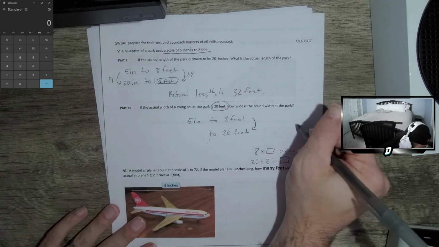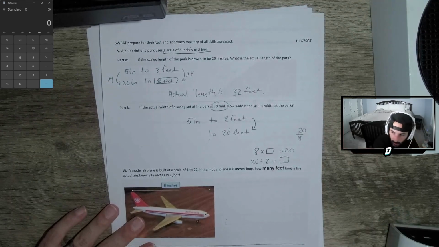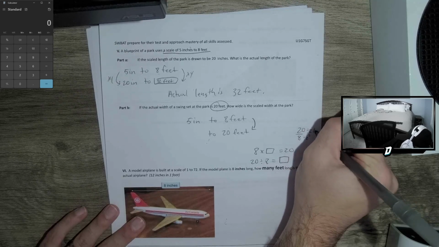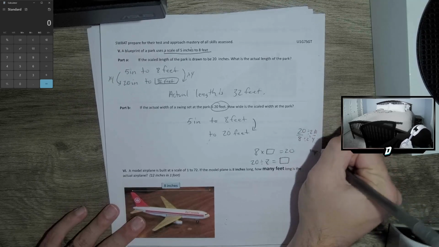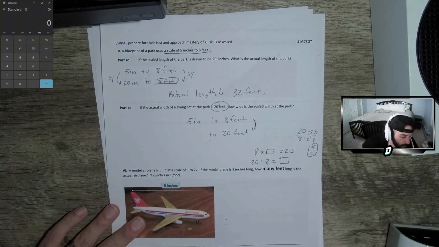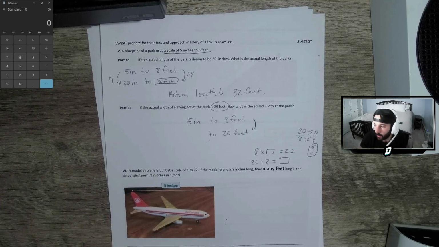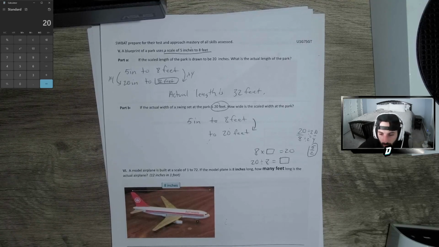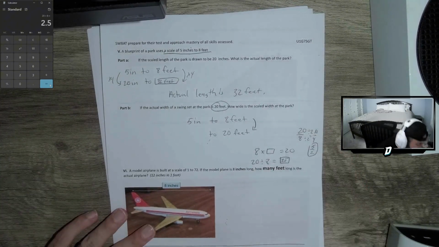If you didn't have a calculator, you would have had to just do 20 over 8, and then you would have simplified it down, right? And you would have gotten 10 over 4, and then simplify it again. 10 over 4 divided by 2 is 5 over 2, right? So you would have to multiply it by 5 over 2, or because you use a calculator, you can do 20 divided by 8, which is 2.5, right?